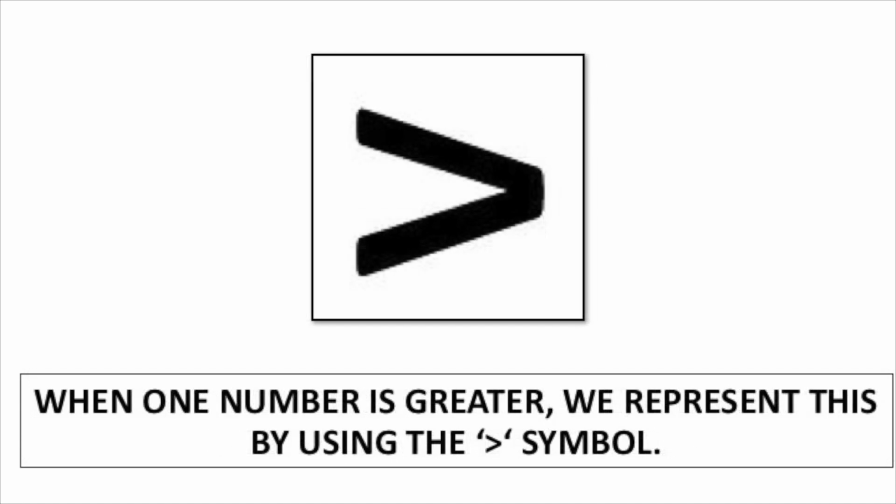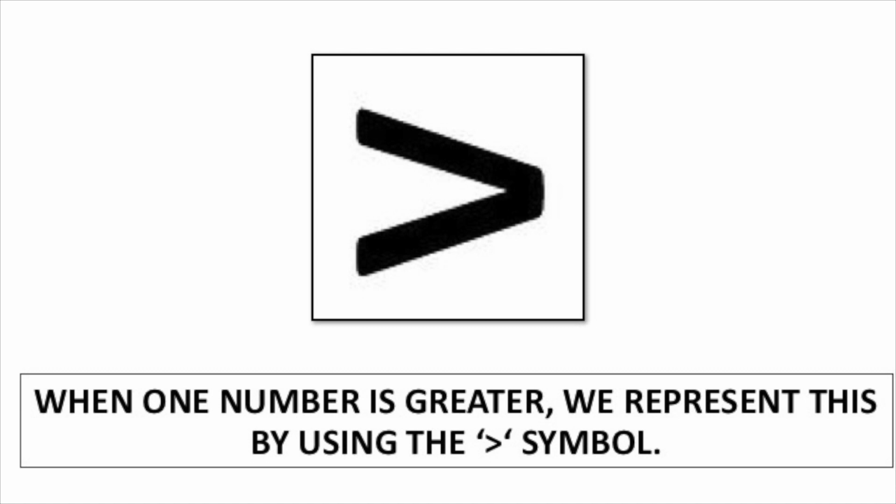When one number is greater, we represent this by using the greater than symbol. So remember, guys, when it comes to doing your exercise, this symbol here represents greater than. Looks a little bit like an arrow.